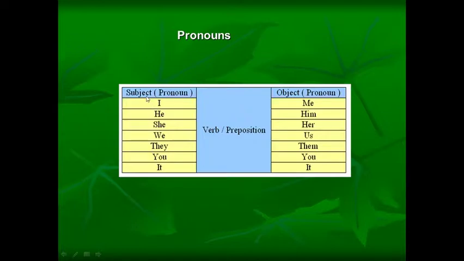And you have subject pronoun, which is before the verb or the preposition, and the object, which is me, him, her, us, them, you, it. So for example, instead of saying bring something to me and Jessica, I could say bring it to us. I hope you get the idea.